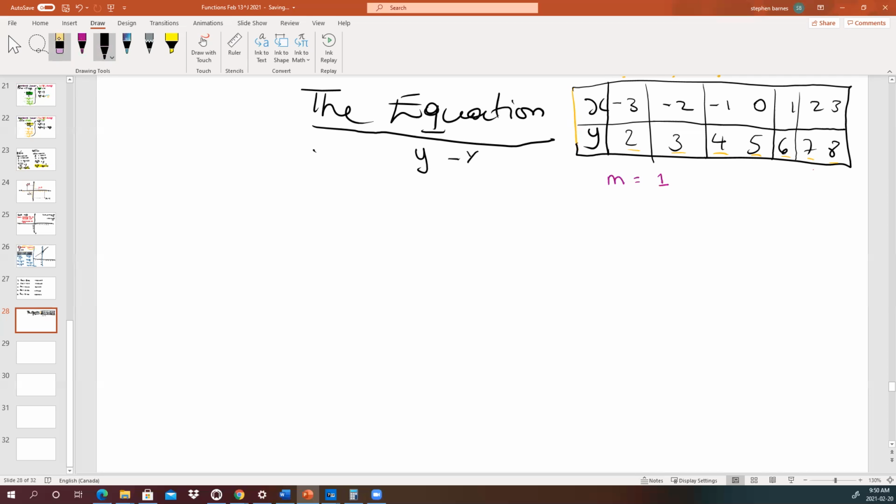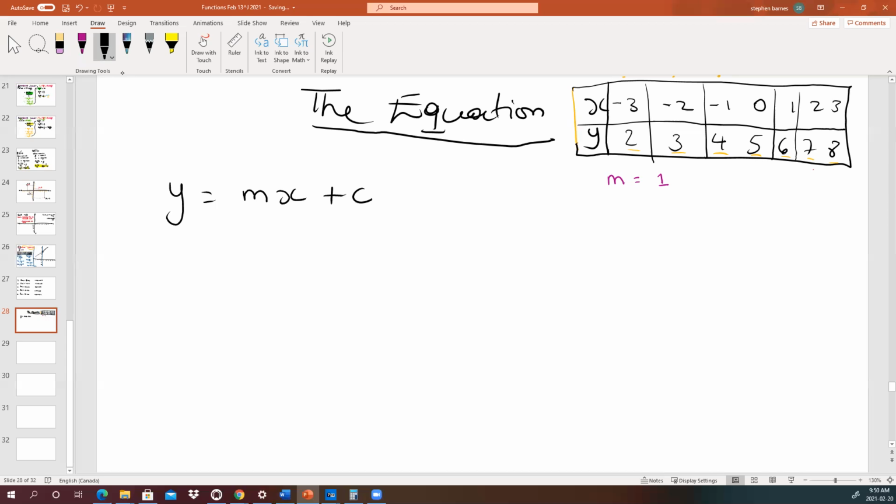Remember our equation of a straight line is y equals mx plus c. Now y and x we have because we have lots of y and x values here. We just worked out m, which is our gradient, and there is c, and we said c was our y-intercept.